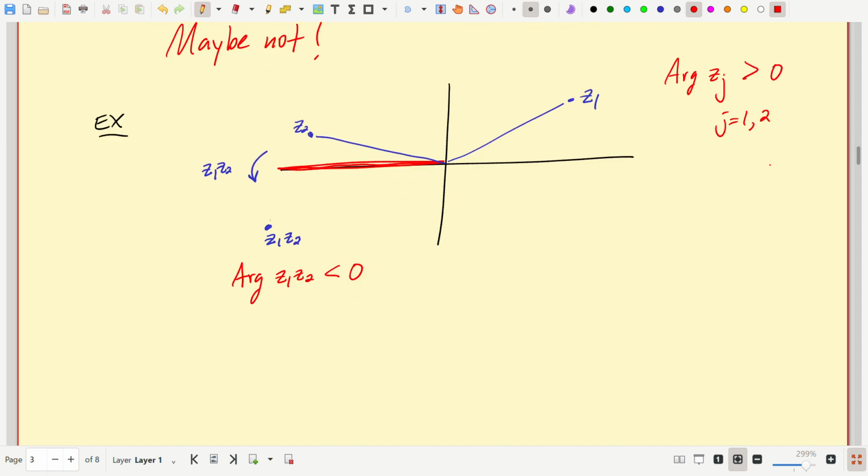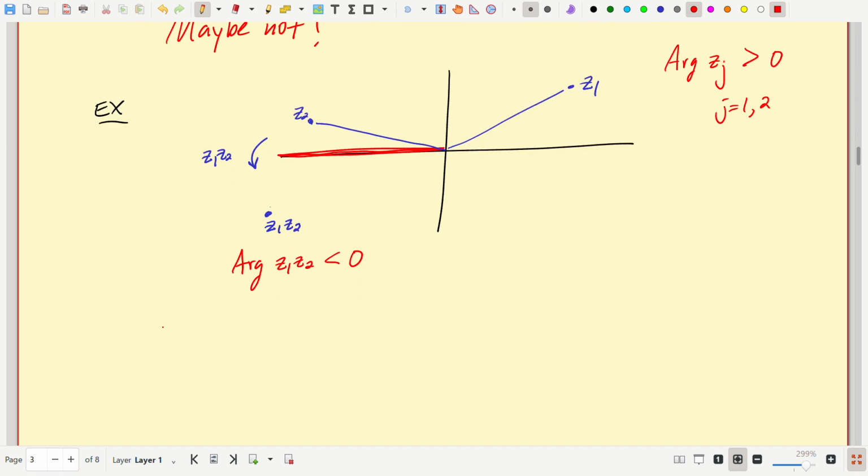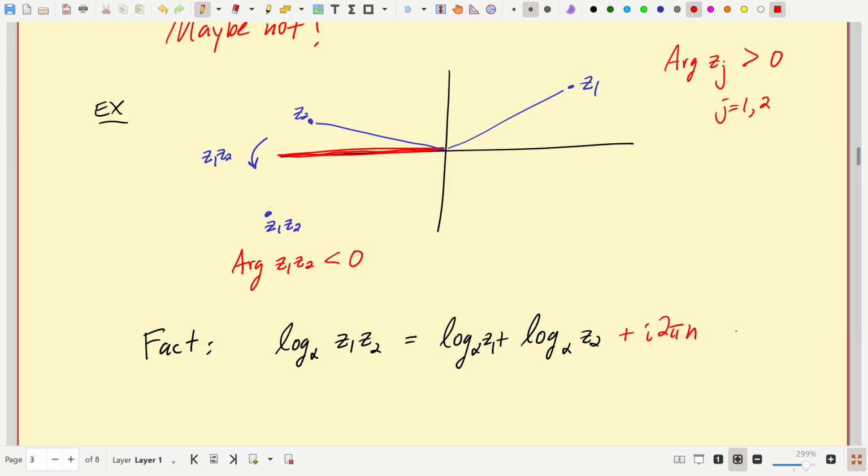And if you think harder about it, here's a true fact: log alpha of z1 z2 is equal to log alpha of z1 plus log alpha of z2 plus, perhaps, some multiple of 2 pi, 2 pi n for some integer n. That's a true fact.